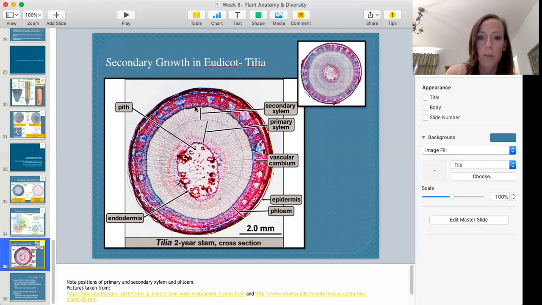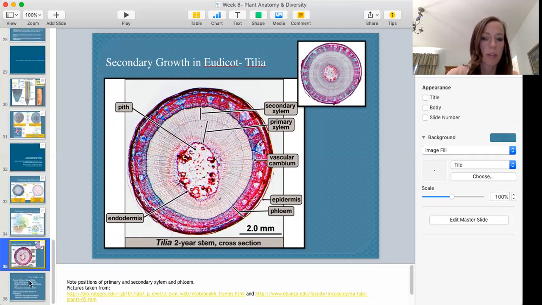Of course, it's going to be most adjacent to our vascular cambium. And then phloem is going to be to the outside of that vascular cambium, with the oldest phloem being most external and the youngest phloem being just adjacent then to the vascular cambium. Okay, and epidermis around the outside, pith and endodermis on the inside.